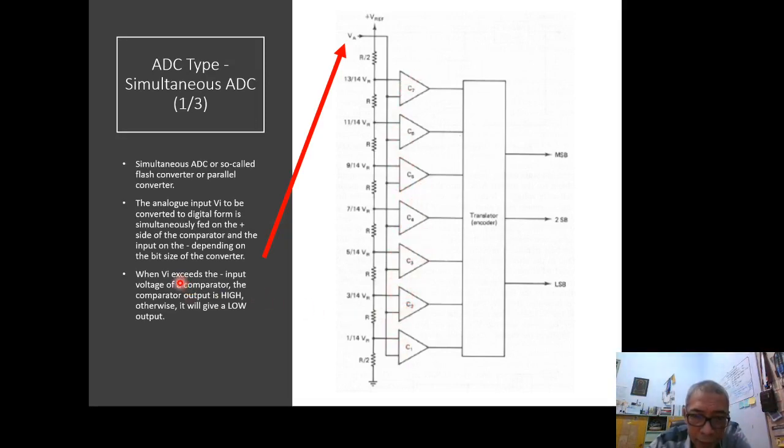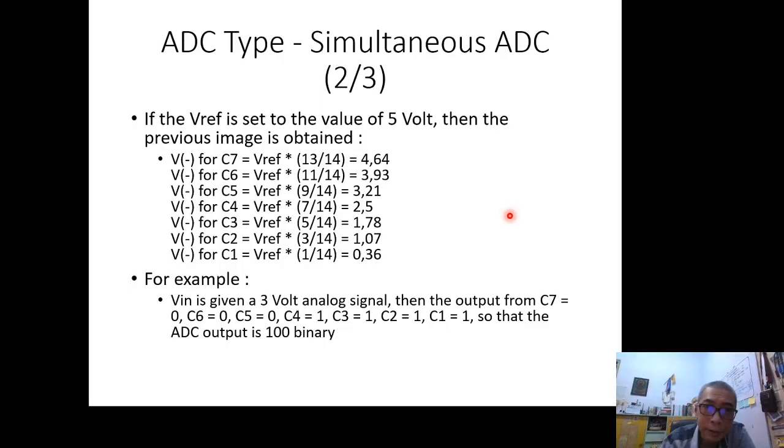When Vi exceeds the input voltage of a comparator, the comparator output is high, otherwise it will give a low output. This simultaneous ADC compares in parallel, and the output is 1s and 0s. So this is the output of the simultaneous ADC.